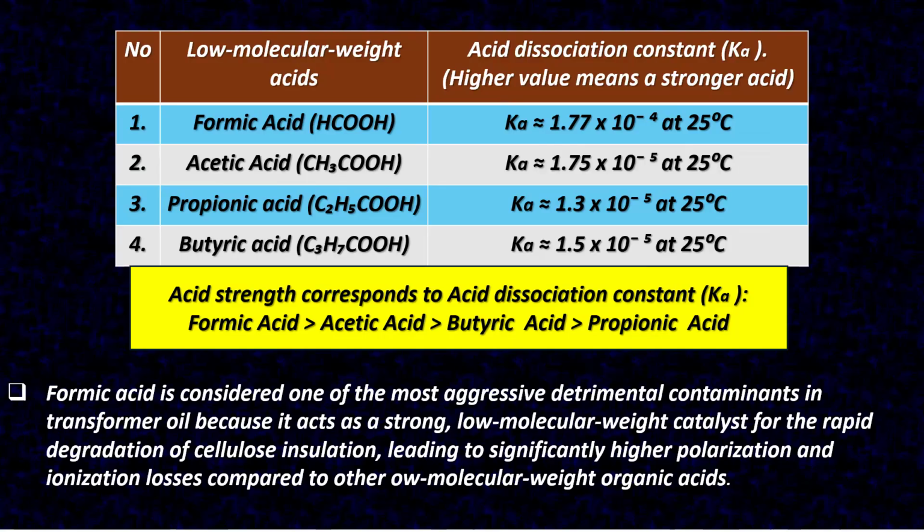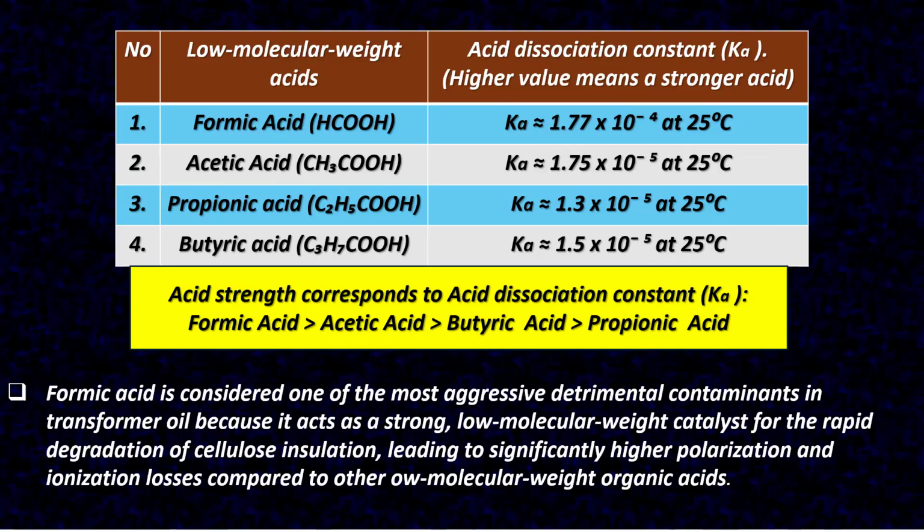Propionic acid Ka value 1.3 × 10^-5 at 25 degrees centigrade. Butyric acid Ka value is 1.5 × 10^-5 at 25 degrees centigrade.